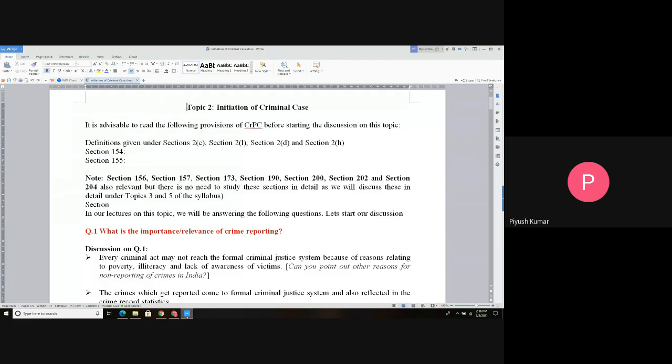Section 2H is the definition of investigation. So if you could mark it, these are the 4 definitions that you should read before starting any discussion on this particular topic.